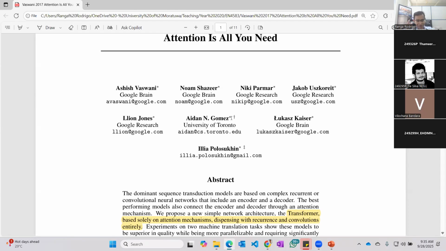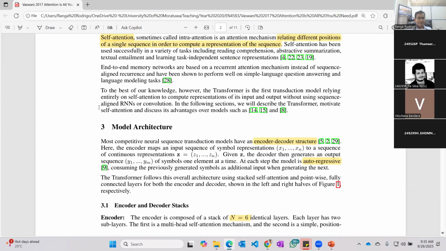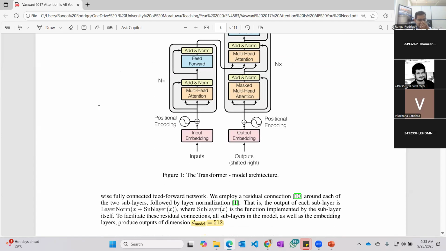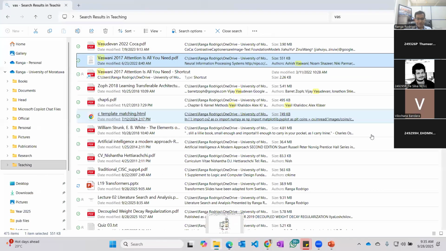That's why Google blames OpenAI for closing their sources and having a massive financial model for their work, because they are based on the knowledge Google people created. So this is the paper, and the architecture of that paper. We'll try to briefly understand that, not fully.